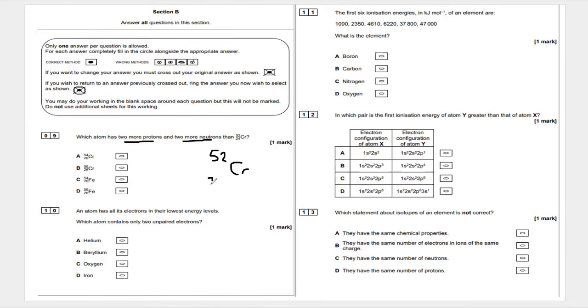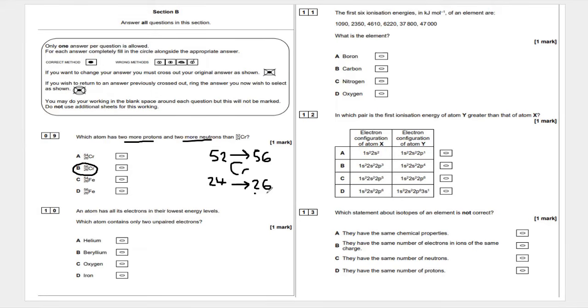We're really looking at chromium 52 here. So if you added 2 protons, we know the atomic number would change to 26. And if we added 2 protons and 2 neutrons, we know that that increases the nucleons, or the mass number will increase to 56. However, a common mistake is people will then put the answer as B, chromium with 56 and 26.